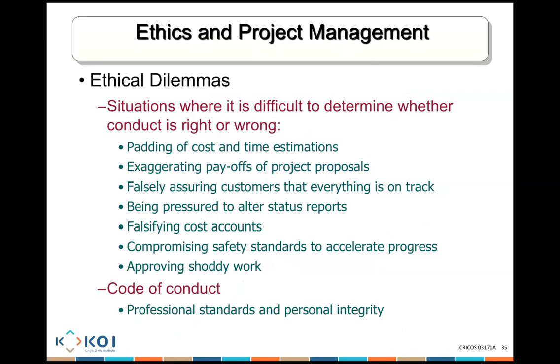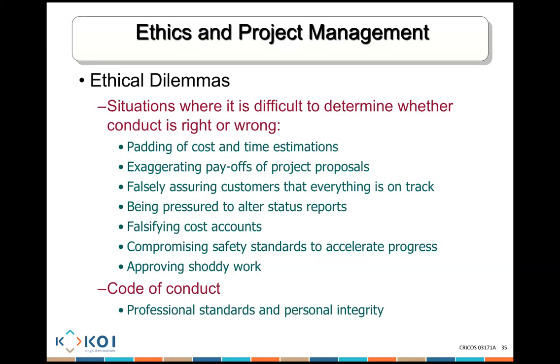Some ethical dilemmas include, for example, padding cost and time estimates. You would say that the project is going to take more time and more cost, while in reality it doesn't. Lying by exaggerating the payoffs of a project proposal. You say, oh, it's going to get us $1 million, but it's not. That's incorrect.